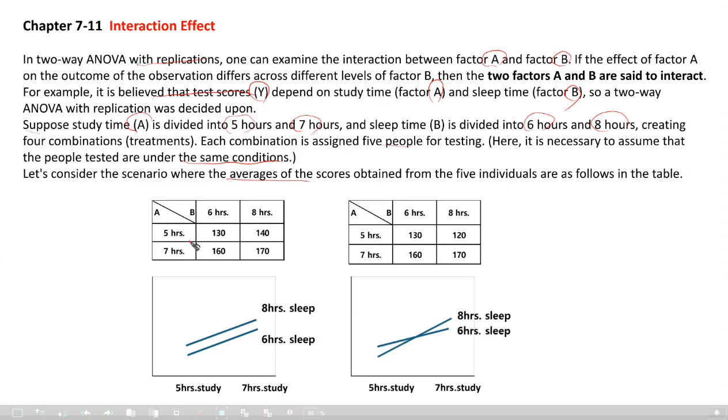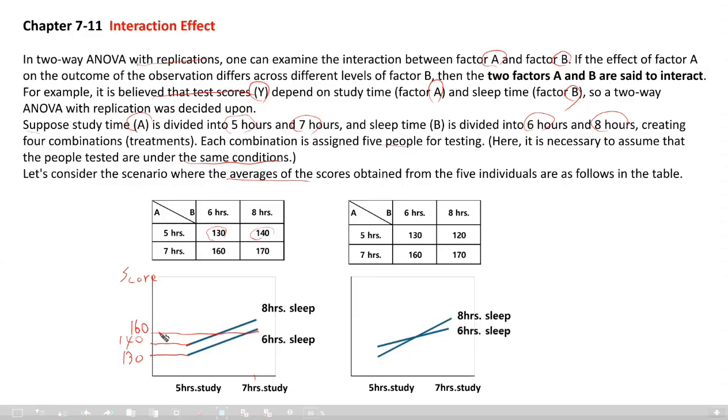5 hour study and 6 hour sleep, 130, the mean of five students. 5 hour study, 8 hour sleep, 140. 7 hour study, 6 hour sleep, 160.